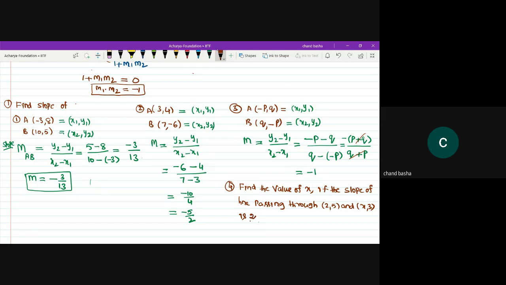What he's asking? He's asking the unknown parameter x when slope is 2. The slope he has already given as 2.